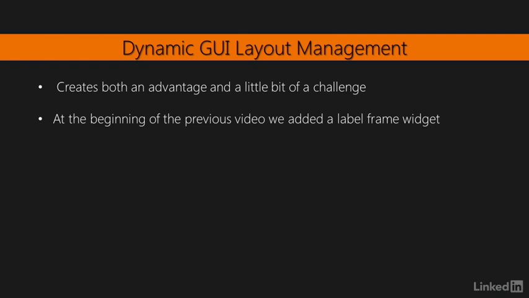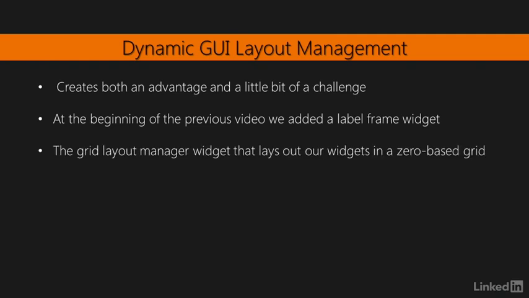Let us first become aware of the subtle details that are going on in our GUI layout in order to understand it better. We're using the Grid Layout Manager widget, and it lays out our widgets in a zero-based grid. Using the Grid Layout Manager, what is happening is that the width of any given column is determined by the longest name, or widget, in that column.